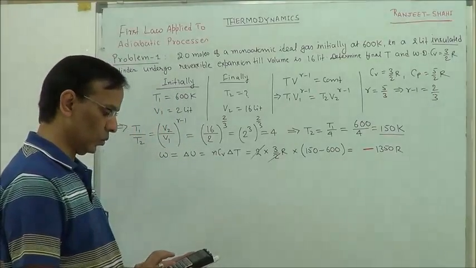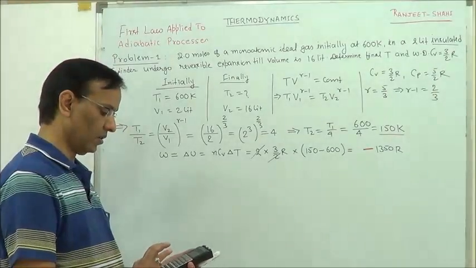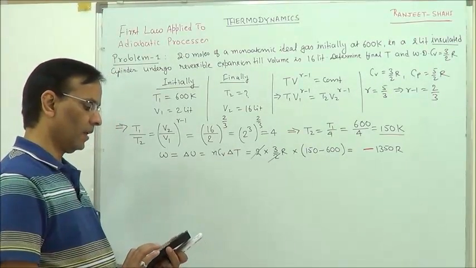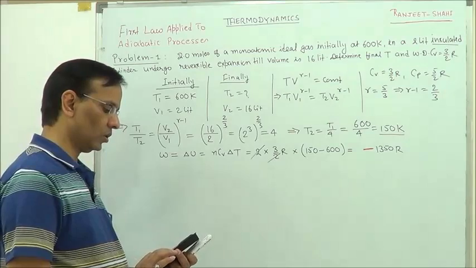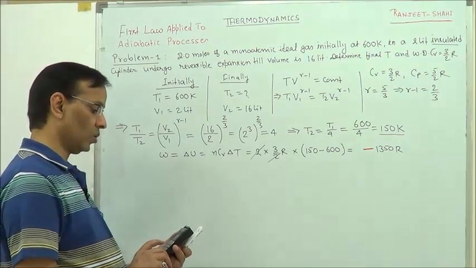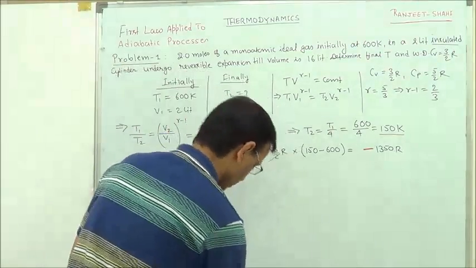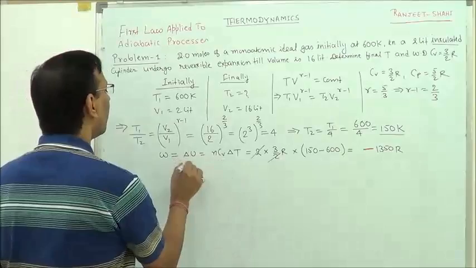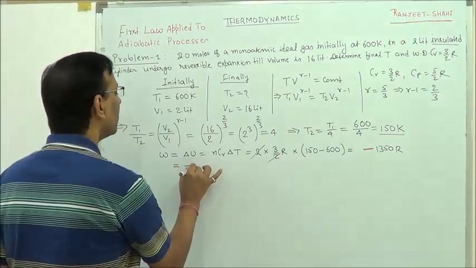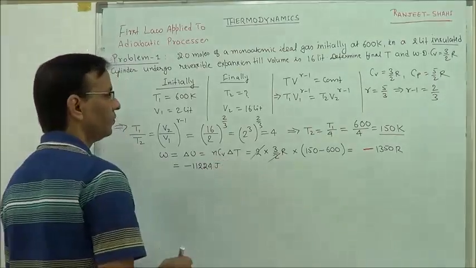So 1350 multiplied by 8.314 is approximately 11224. It is minus 11,224 joule.